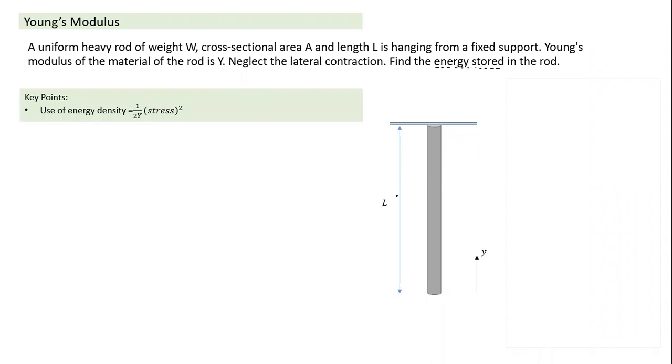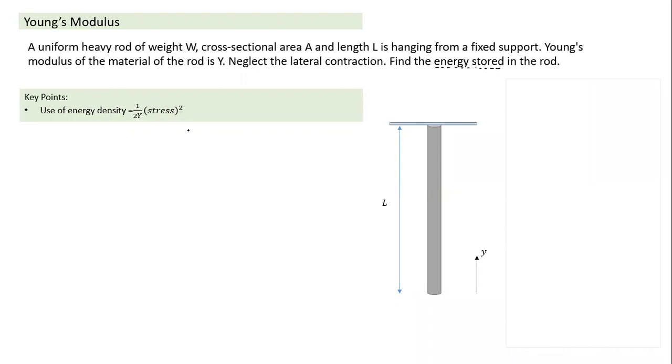Because calculation of force as a function of y is easy, I can easily find the stress also as a function of y. And I get energy density also as a function of y. And then I can integrate. So basically, I'm going to use energy density, which is equal to 1 by 2Y into stress squared.